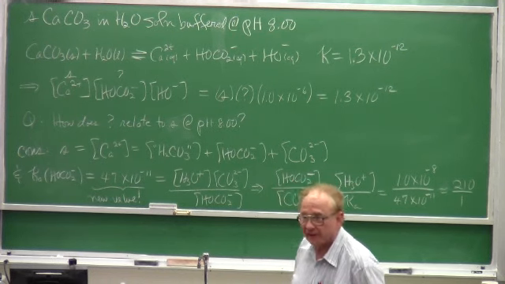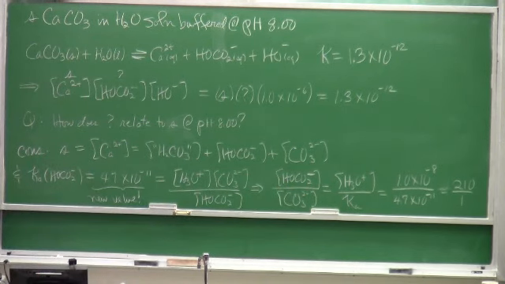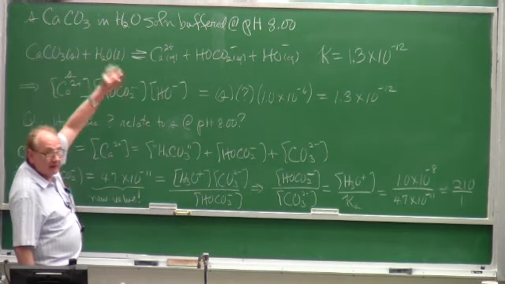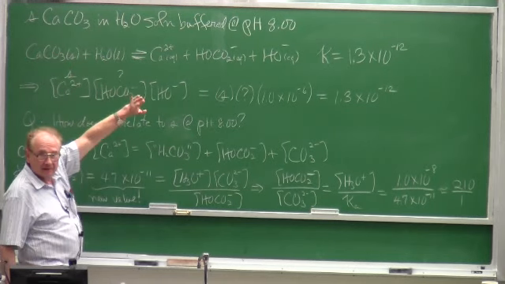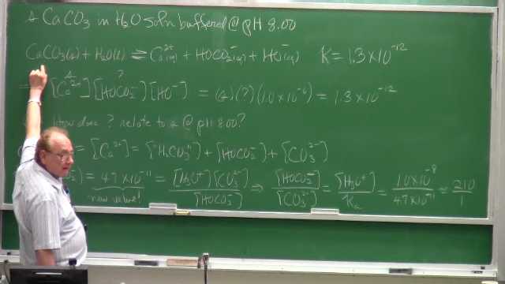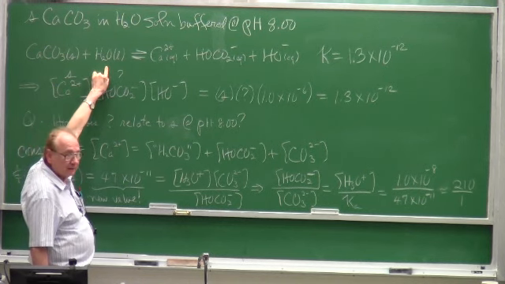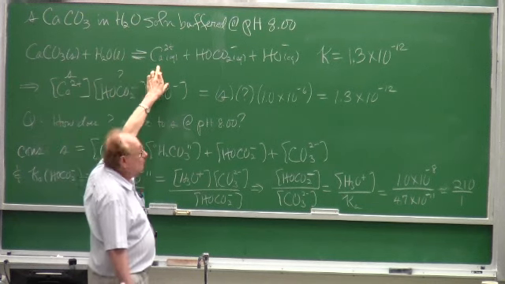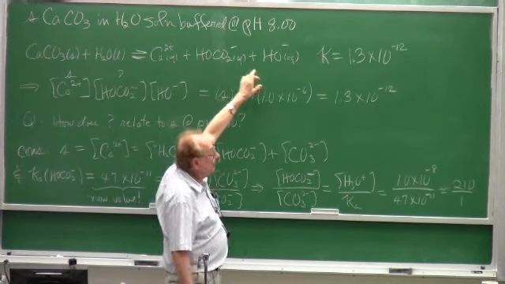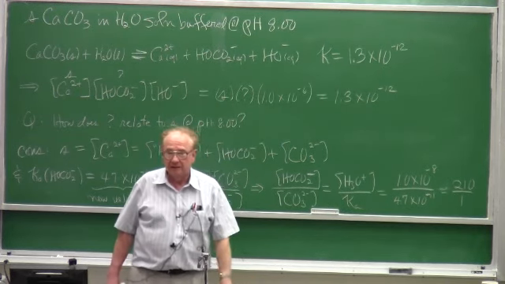Well, let's take a look at this reaction. Because the stoichiometric implication of this reaction is that, independent of pH, if a mole of calcium carbonate reacts with a mole of water, into solution you will put 1 mole of calcium ion, 1 mole of hydroxide ion, 1 mole of hydrogen carbonate ion, 1 mole of hydroxide ion.